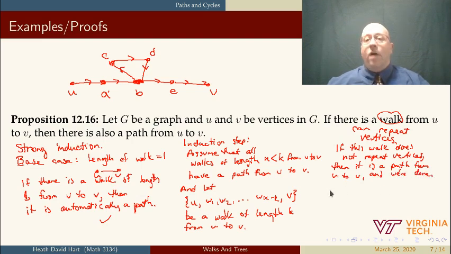If the walk does repeat vertices, like this one here does, where the B is repeated, we're going to delete all of the edges between the repeated B's.